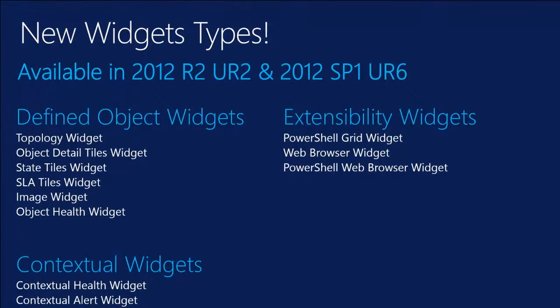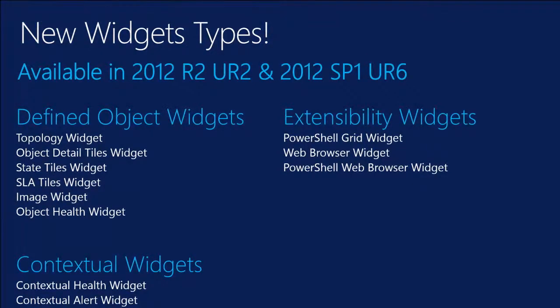Now these widgets come in a variety of different categories. I talk about them as defined object widgets, where you specify a group or series of objects, and then we expose that data in a variety of formats within the widget. We also have contextual widgets, and these widgets allow you to select objects in other widgets on the dashboard and then expose more details, more meaningful data around those objects, and let you pivot without having to jump off the dashboard into another screen.